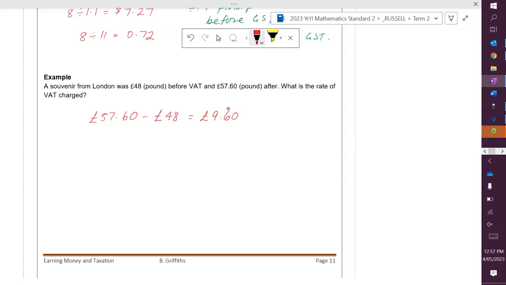When we're finding the rate of VAT that was charged, it's the amount of tax over the original amount. So our amount of tax is £9.60 and the original amount was £48, and we would times by 100. That tells us that our VAT is 20%.